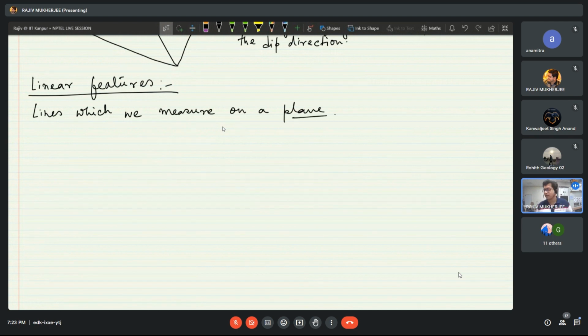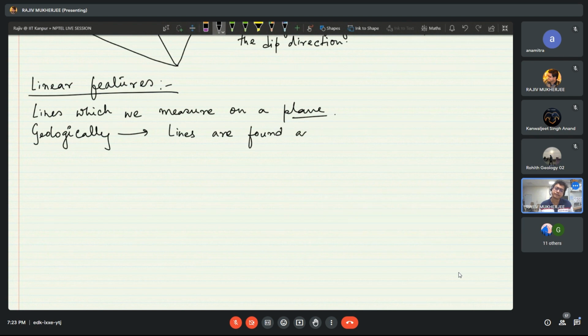Lines will always lie on a plane. There cannot be any other source where we can find a line. And geologically, lines are found as lineations.